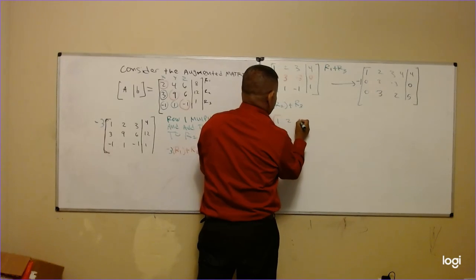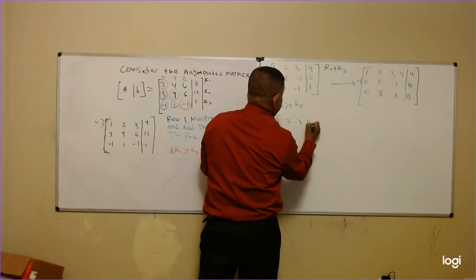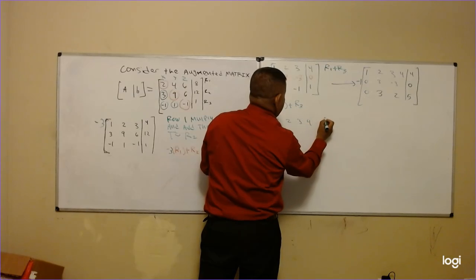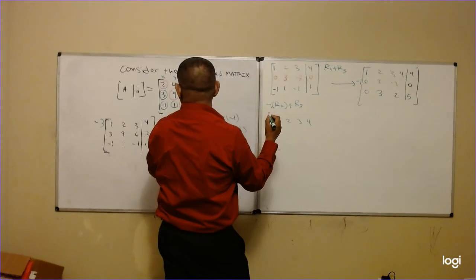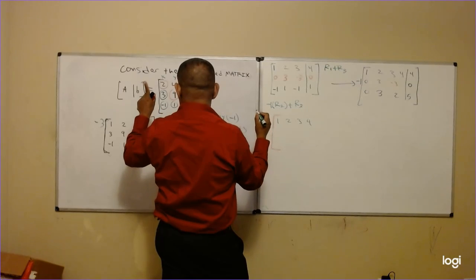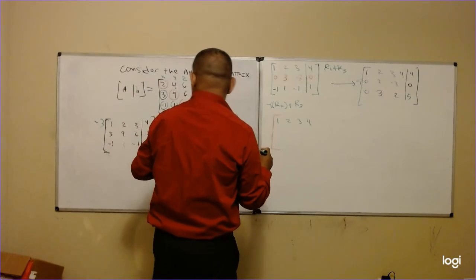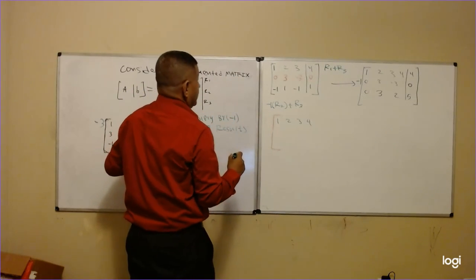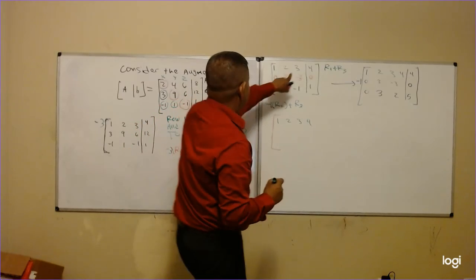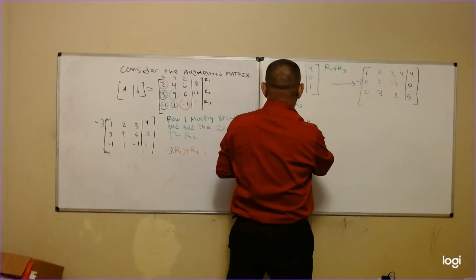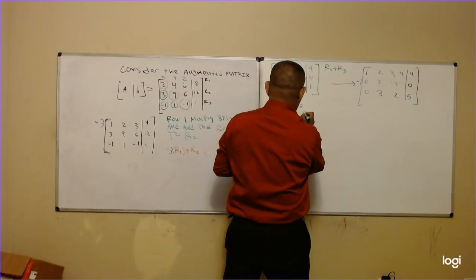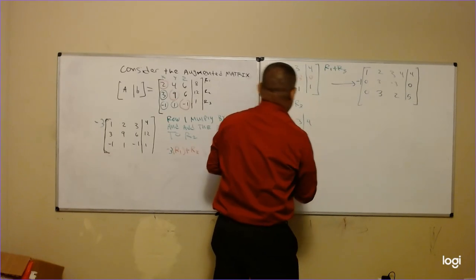1, 2, 3, 4, and I think I made a mistake. That is 3. That's 3. I hope I did not make another mistake. That's 3. Okay, 1, 2, 3. So that's just like that, right?